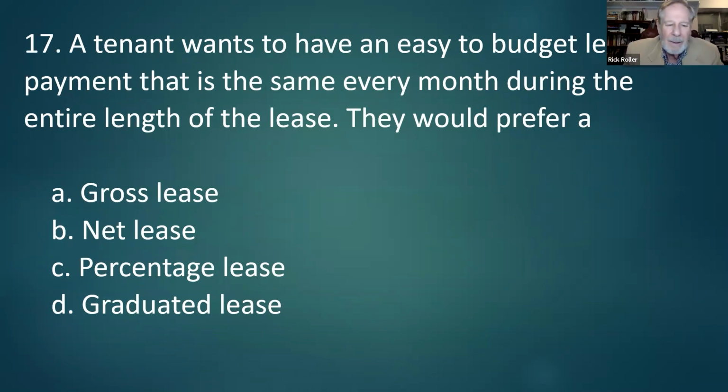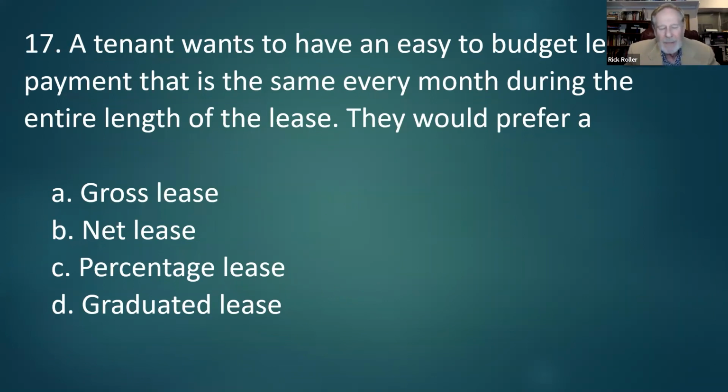Throw that out. Percentage lease, throw that out, because percentage leases are used a lot in retail and restaurants, but they pay a base rent, and then they pay a percentage of their gross sales. Now, a net lease is a situation where the money they pay the landlord is the same, but then they also pay all the expenses. They don't want that either, because they want their payment, their budget, to remain the same.